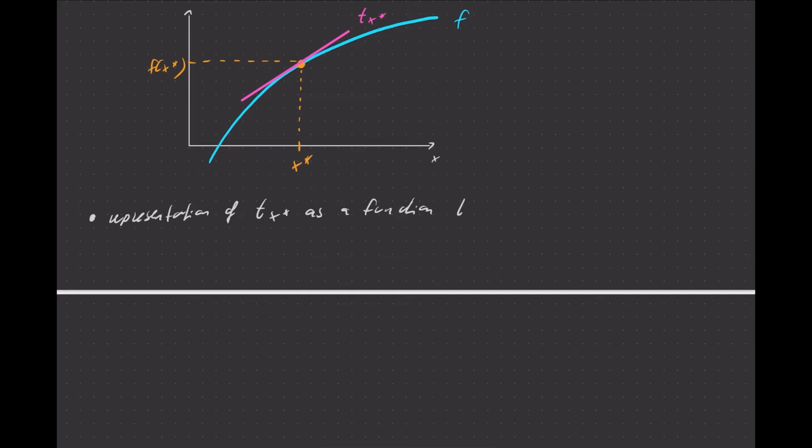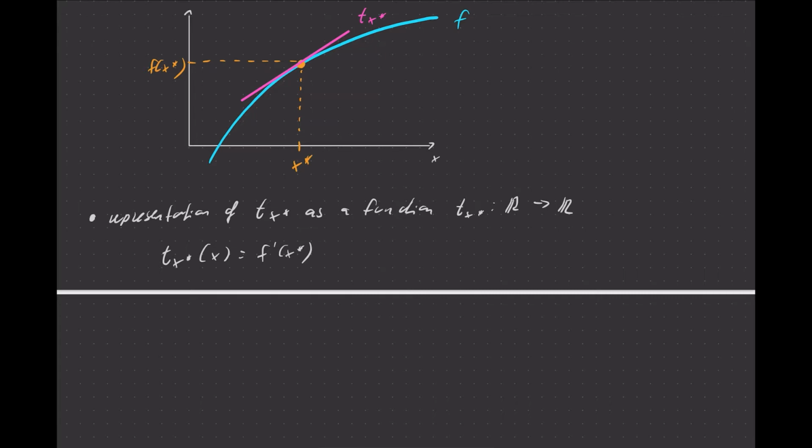The function is then naturally a function defined on R, or at least some interval where the function f is defined, and it also maps to R. That functional description would be of the form t x star of x is, well, we already know the slope of that function is going to be f prime at x star.